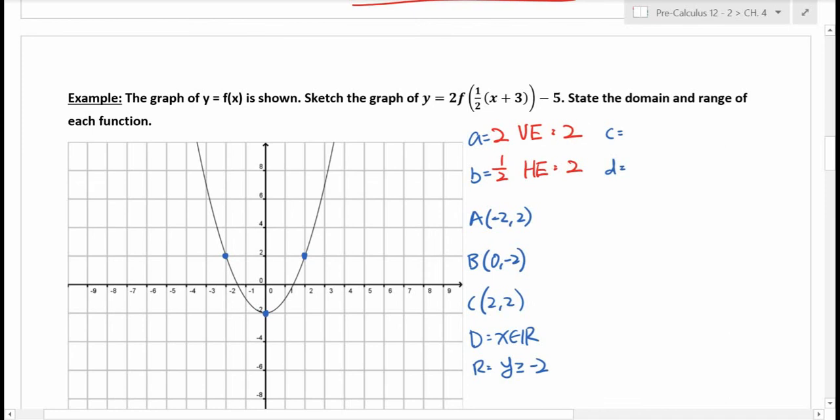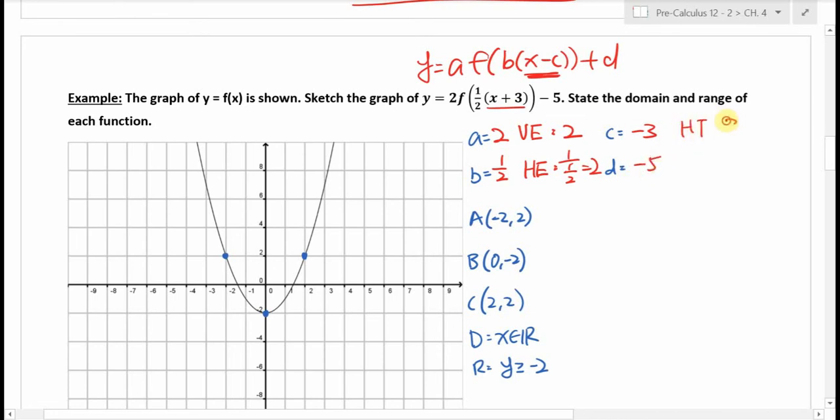It's 2, because it's 1 over B, 1 over 1/2. It's actually 2. C is negative 3, so be careful because x plus 3, and again we are comparing with a f b bracket x minus c plus d. We're comparing with x minus c, but this is x plus 3. That means c is negative. Okay, d is going to be negative 5. So this is horizontal translation, 3 units left. This is vertical translation 5 units down.